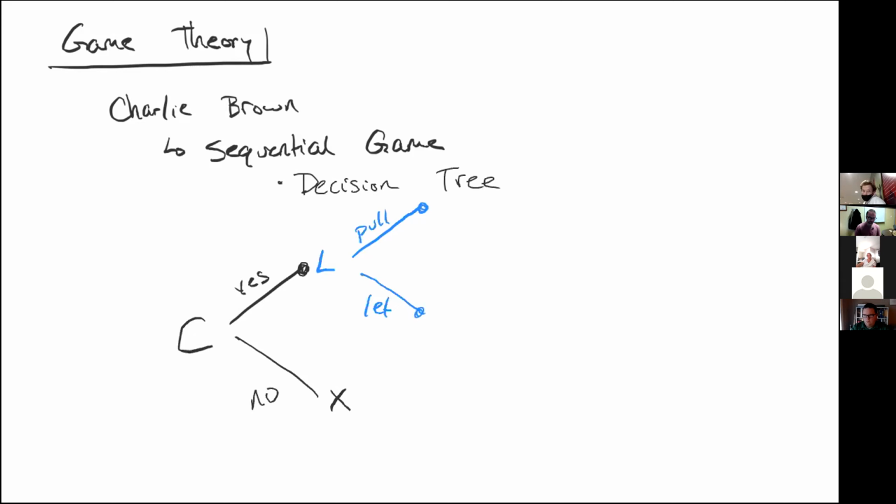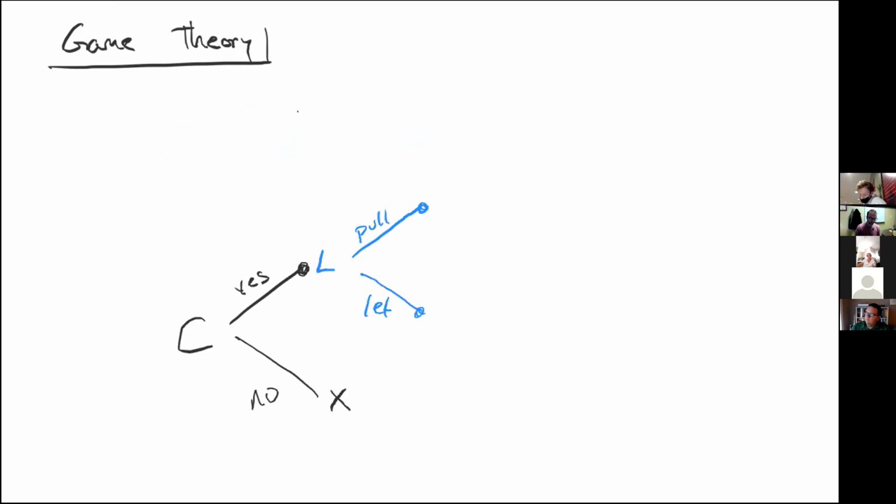I'm just going to erase this so I have more space. This right here is what we would call a decision tree, and the way to read it is that the choices are made from left to right. So Charlie Brown goes first, Lucy goes second, and that's the order in which you draw it.